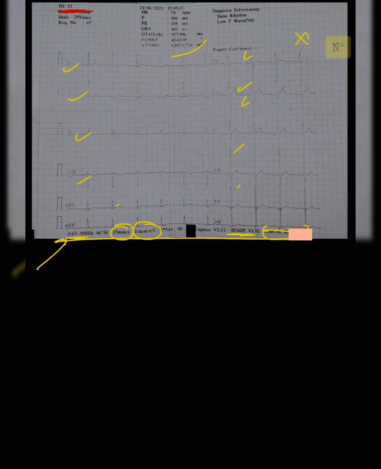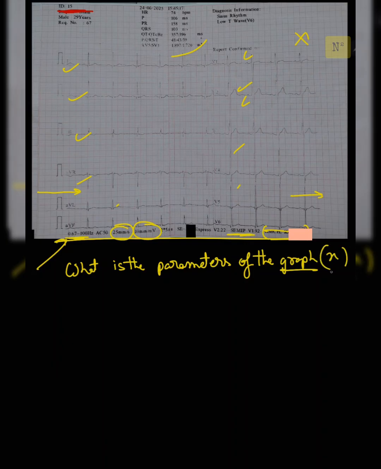First of all, we have to know the parameters of the graph, that means literally the x-axis and the y-axis of the graph. The second important point we have to know is what the waves are that we get in an ECG.